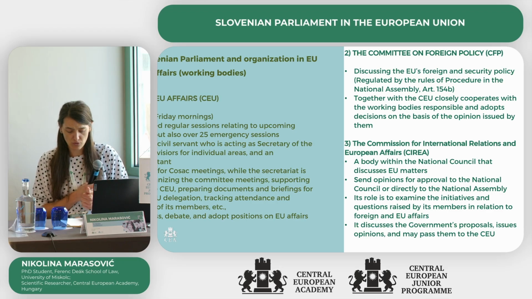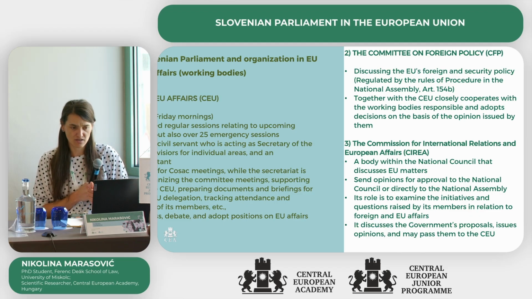So the National Council holds regular monthly meetings and convenes extraordinary sessions if a suspensive veto is proposed, or if matters cannot be postponed and have to be dealt with urgently. The main role of this commission is to examine any initiative and questions raised by its members in relation to foreign and EU affairs, and to prepare proposals for requests and opinions.